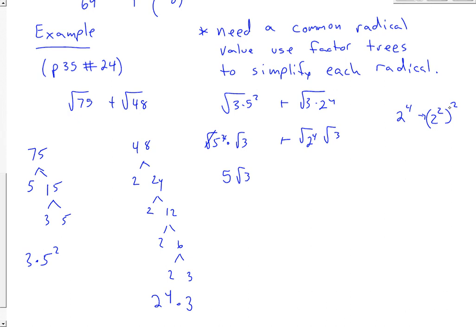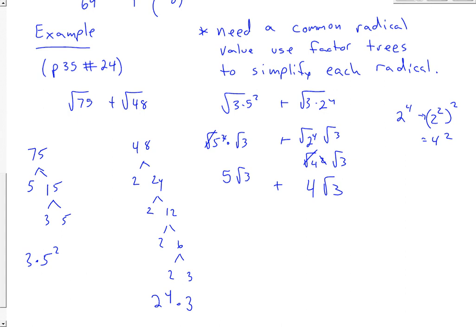So if I think about my laws of exponents, and if I need a 2, I could take 4 divided by 2 to get the 2 that belongs in here. And 2 squared is 4. So this is just 4 squared. So really, this is the square root of 4 squared times the square root of 3. And now that the value on my radical matches my exponent, that will cancel it out. And I have 4 and then the square root of 3.